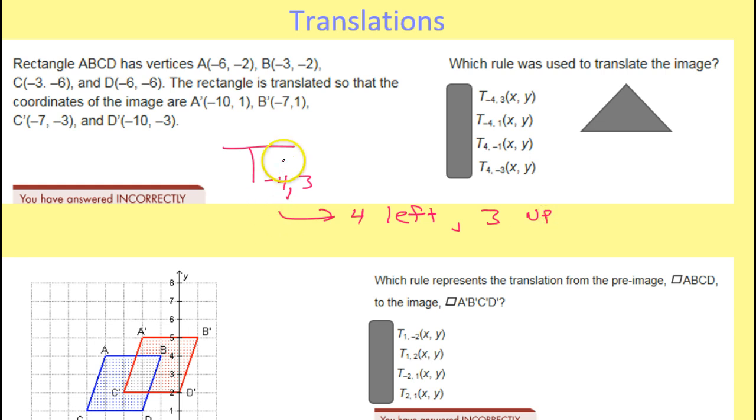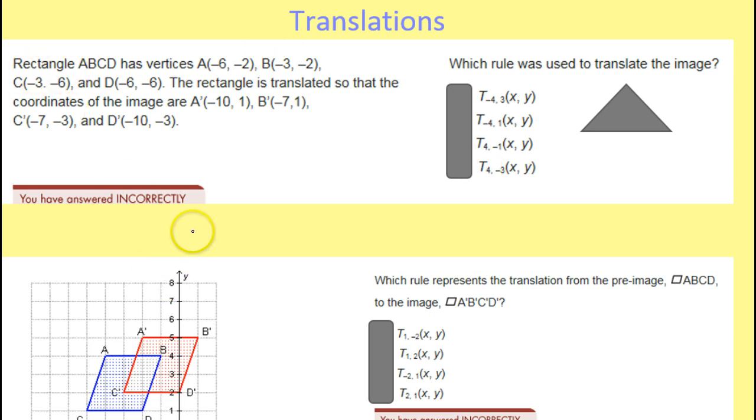The first number is your change in the x direction, and your second number is your change in the y direction. Negative is left, positive is right, and for y values, negative is down, positive is up, just like you would think. So you would think left 4, up 3. Anyway, that should be enough information for us to get started.